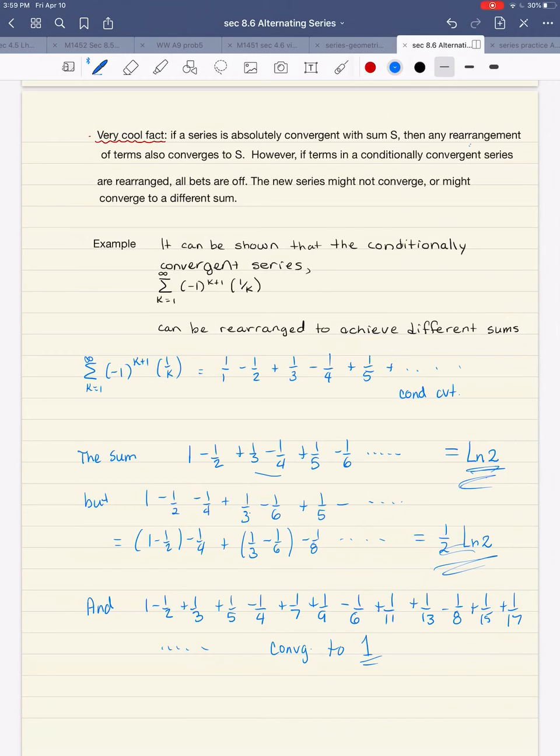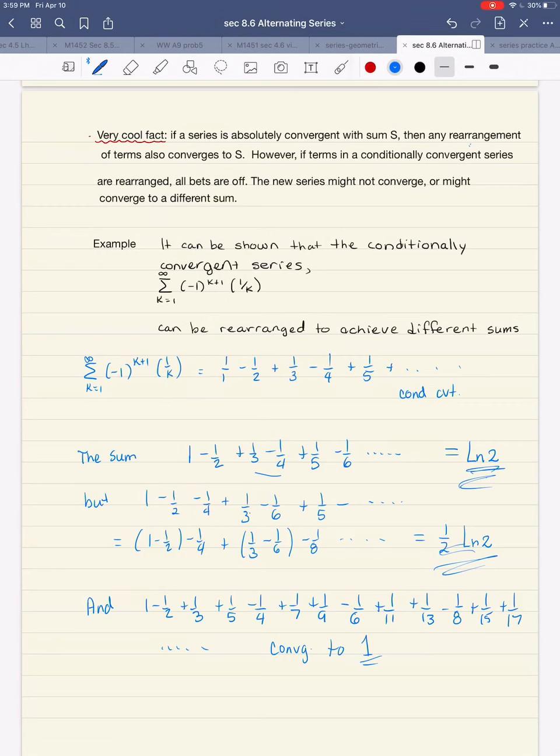Swap the places with the 1/6 and then keep everything else going like that. I can make that sum add up to 1/2 of the natural log of 2. If we rearrange some more terms, the way the third example has it, we can make that sum add up to 1. So that can be shown with a computer program. You can add them up and swap them around and get different sums. But I think that's pretty cool.